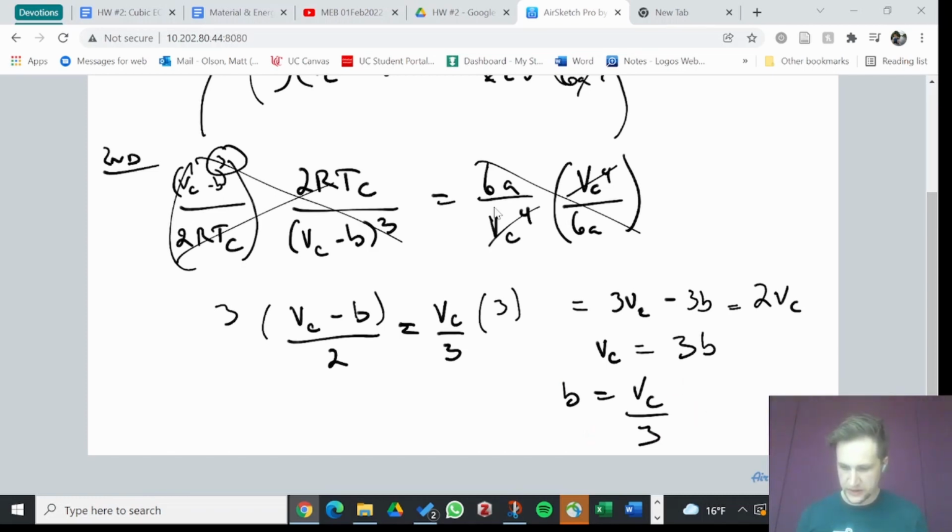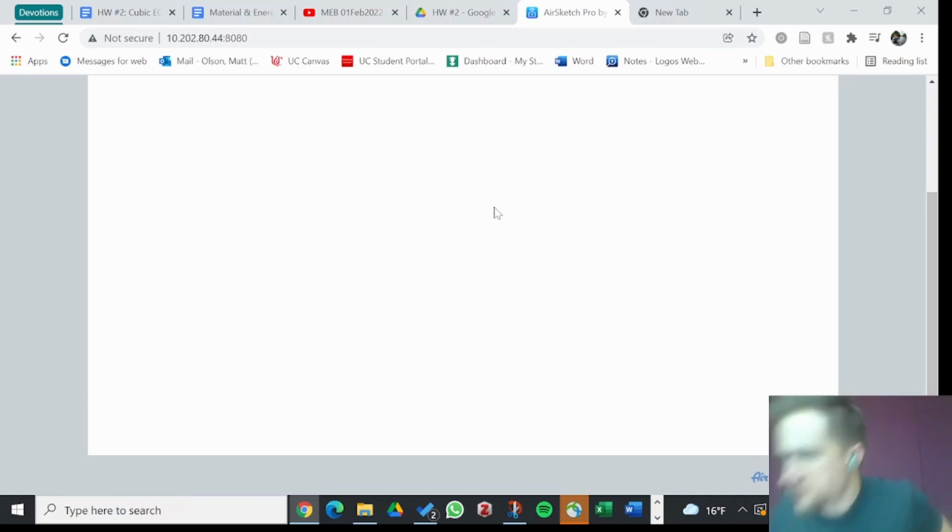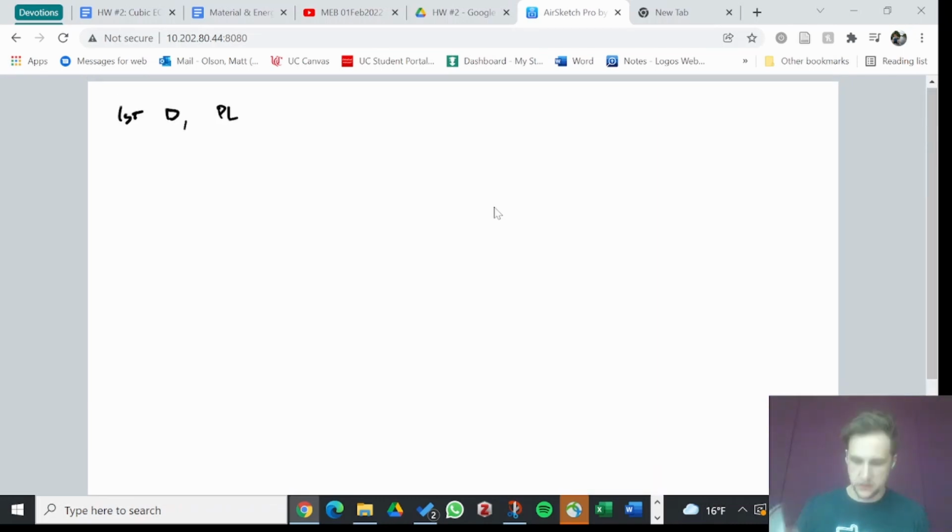And so let's go ahead now and solve for A here. Now that we know B, we can just plug B into either one of our derivative equations. So we'll take our first derivative equation and plug B in. It's not showing up, there it is.